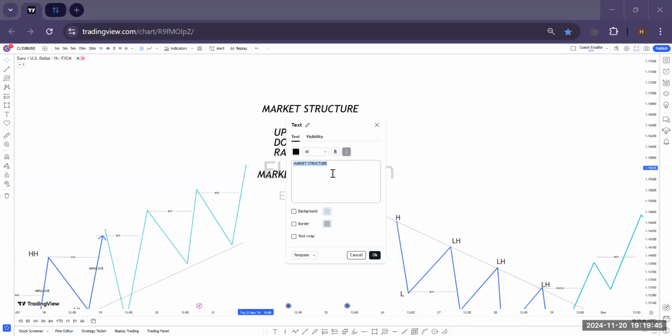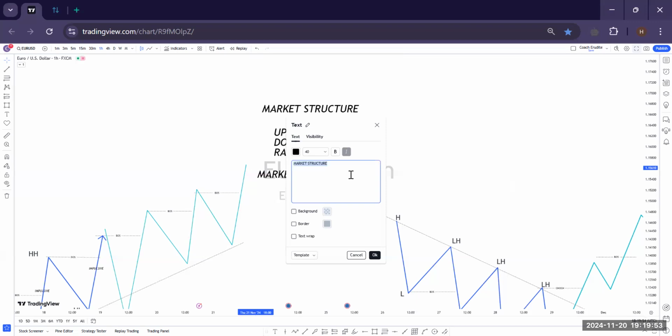So we look at a change of character, sorry, or a market shift. Then we look at liquidity sweep. So this is the next thing we're going to talk about now.